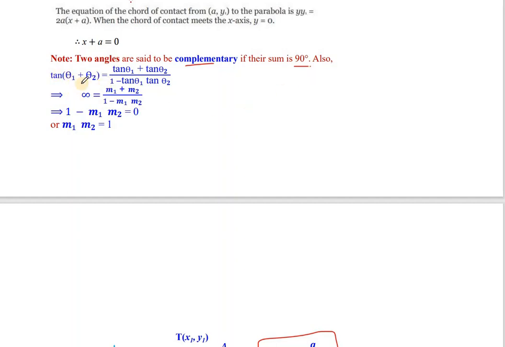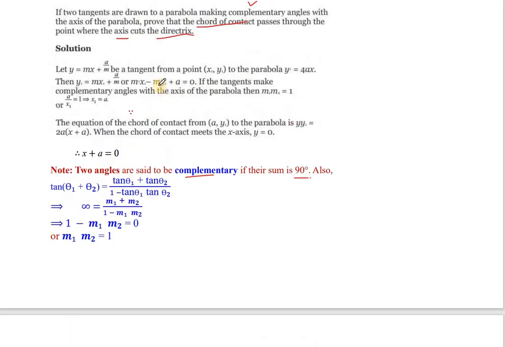So tan of (theta 1 plus theta 2), by the formula, you have this, and because theta 1 plus theta 2 is 90 degrees, this becomes infinity, so you have this. Naturally, we have to ensure the numerator is non-zero. The sum of the roots m1 + m2 is y1/x1, which is a finite quantity, and therefore non-zero, so the denominator should be 0.